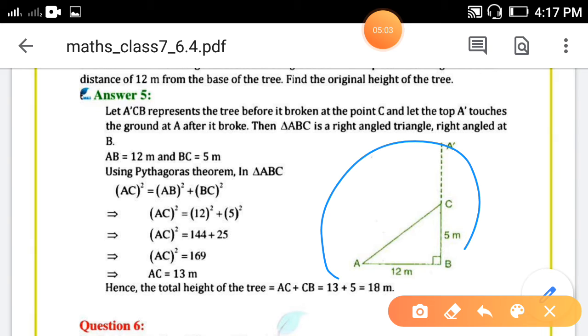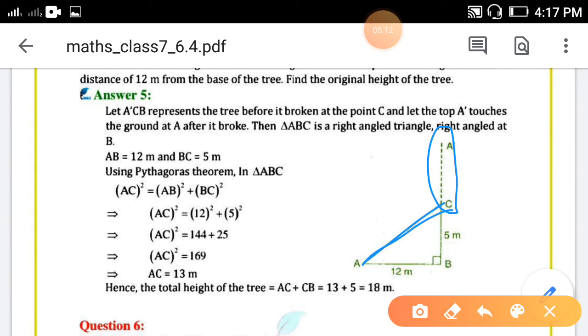Consider this triangle ABC as a right angle triangle, and this dotted line AC represents the hypotenuse of this triangle. We have to find out AC. According to the Pythagoras theorem, AC square is equal to AB square plus BC square.